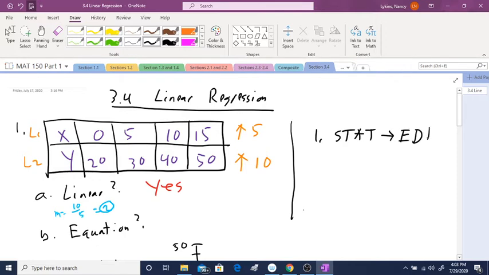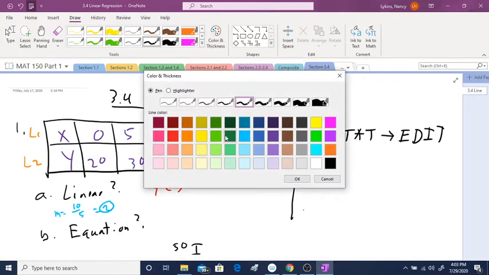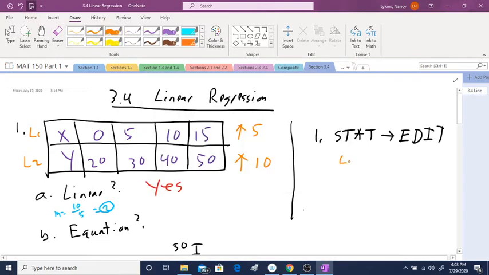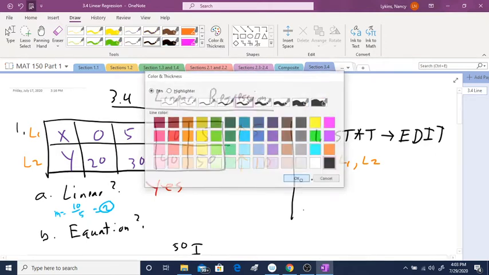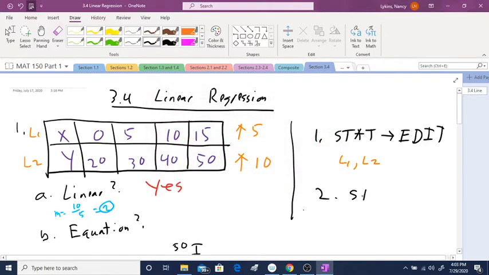So on our calculator, like what we did before, stat and edit. Go put in your L1 and L2 values. And then once you put those in, go to stat, calc, option number 4, linear regression.